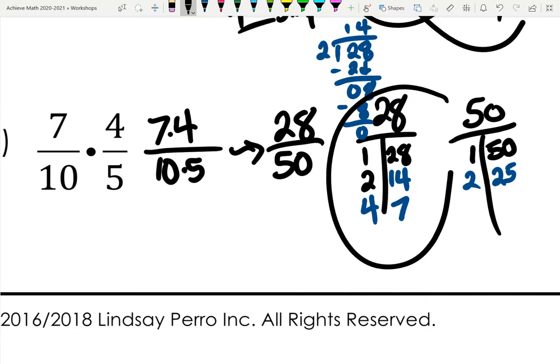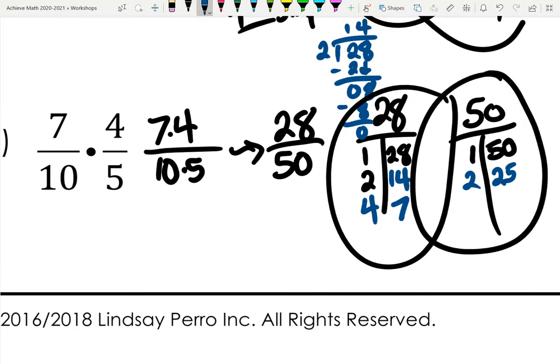What numbers do they have in common? I could even extend my list to include 5 times 10. That works. Well, what's a GCF? 1, 2. The biggest number they have in common is 2.